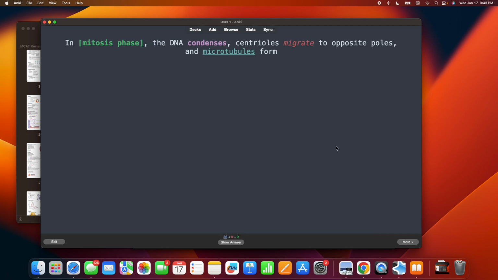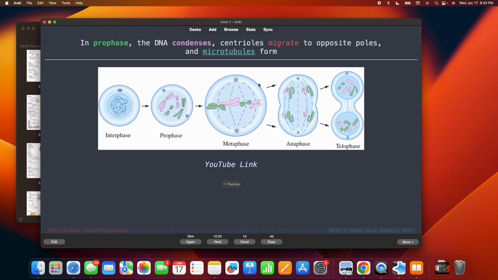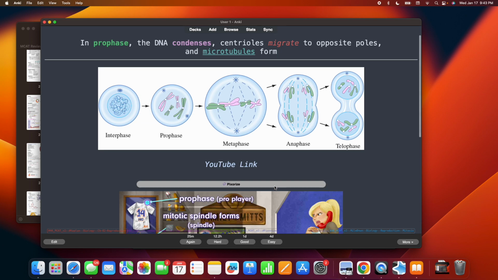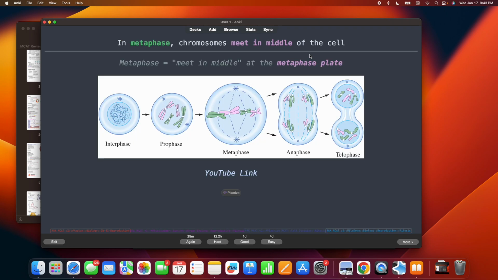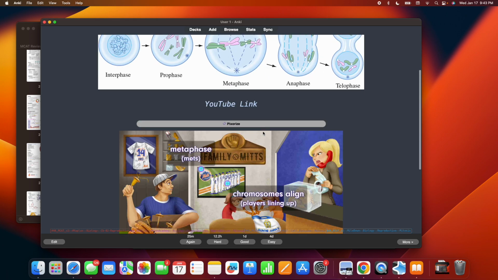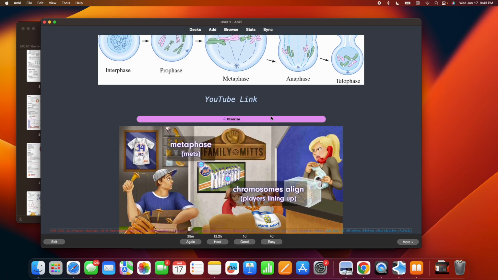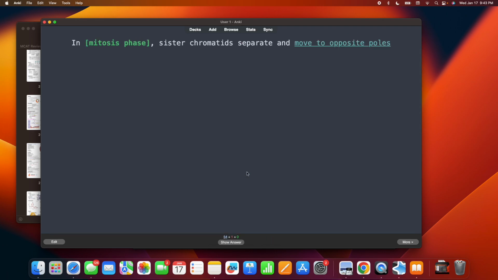In what mitosis phase does the DNA condense, centrioles migrate to opposite poles, and microtubules form? This should be prophase. In what phase do chromosomes meet in the middle? Metaphase, at the metaphase plate. In what phase do sister chromatids separate?